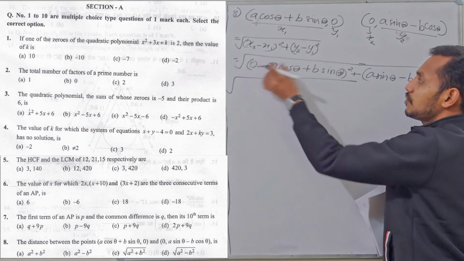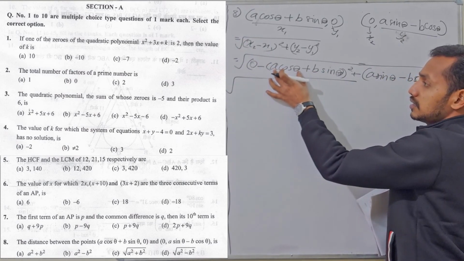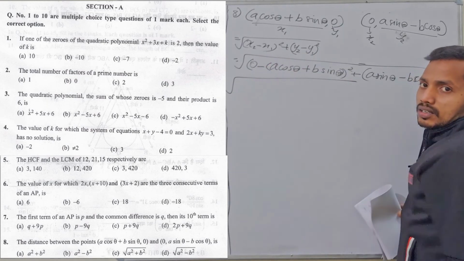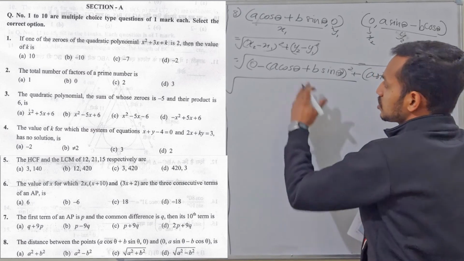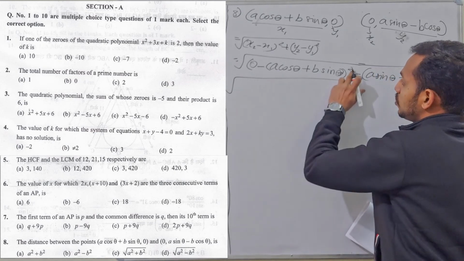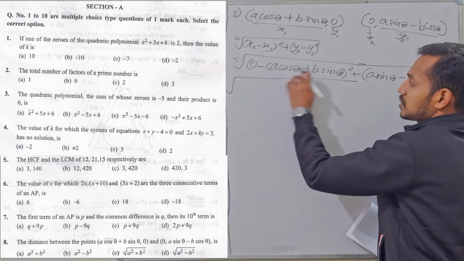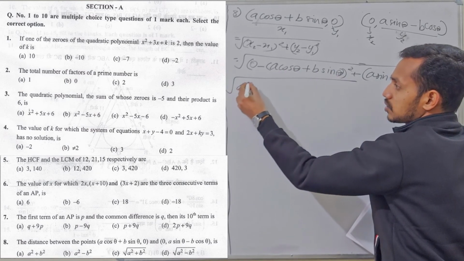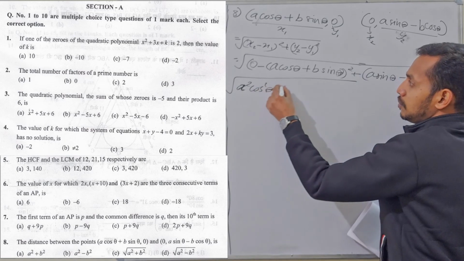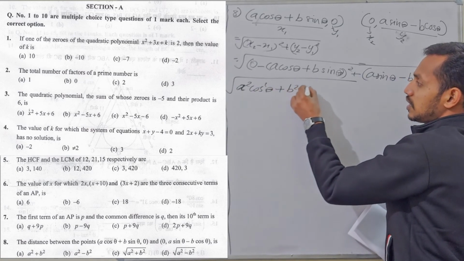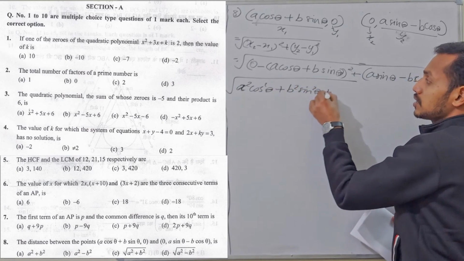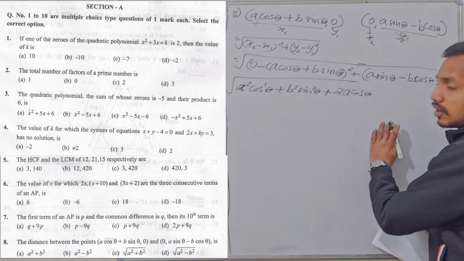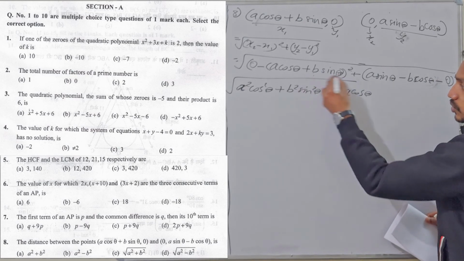Then minus of a cos theta plus b sin theta whole square. When we take this whole square, this minus can be neglected, so we don't need to consider that one. So we can directly apply here a plus b, that is x plus y whole square. That will be a square cos square theta plus b square sin square theta plus 2 a cos theta into b sin theta.